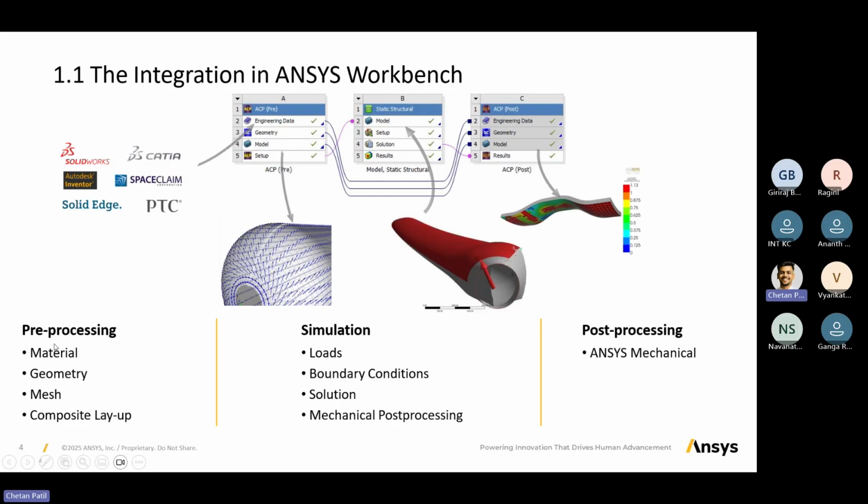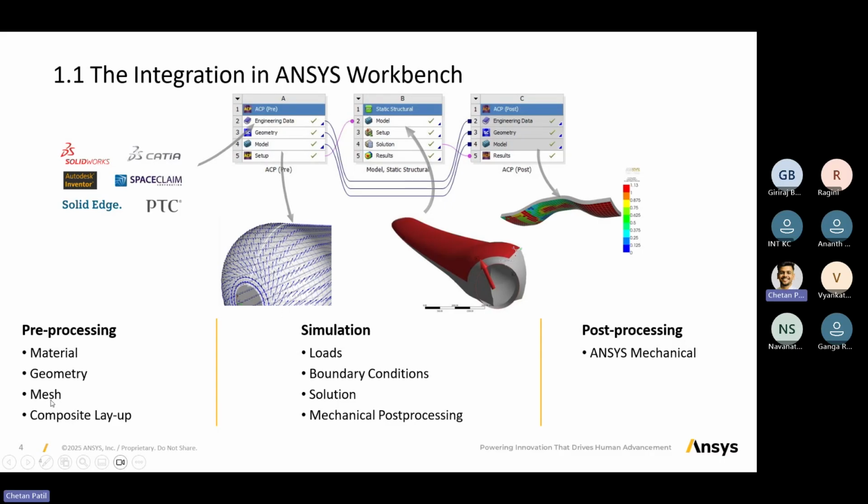The pre-processing part is done using Ansys ACP, where you make the selection of the material, then import the geometry, where you also create a temporary mesh on the model. It is used as a reference for the composite model, to understand how the fiber should be oriented or applied on the model with respect to the mesh you have created on the geometry.